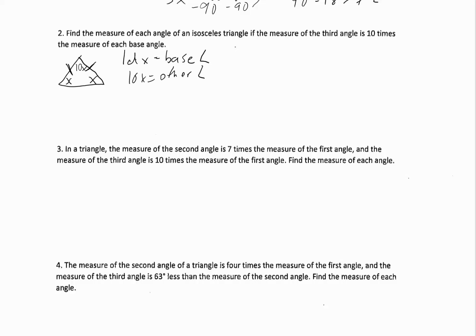Okay, again, triangles add to 180. So we're going to say x plus x plus 10x equals 180. And we're going to combine our like terms. So I'm going to combine these terms, and I'm going to get 12x equals 180. Then I'm going to divide each side by 12, and I'm going to get 15. So x equals 15. So they wanted to know the measure of each angle.